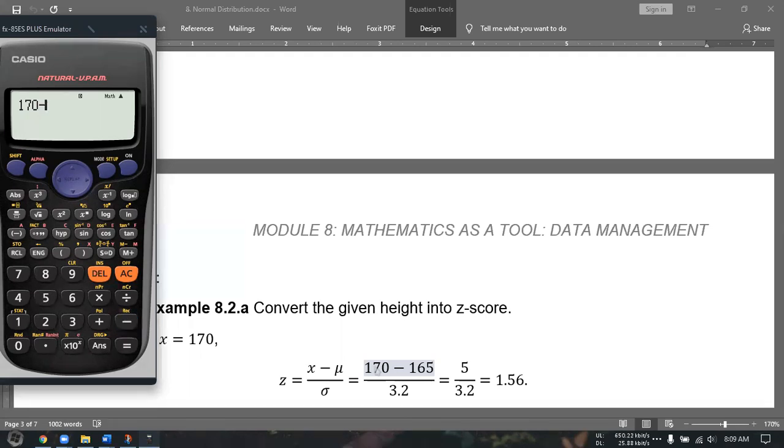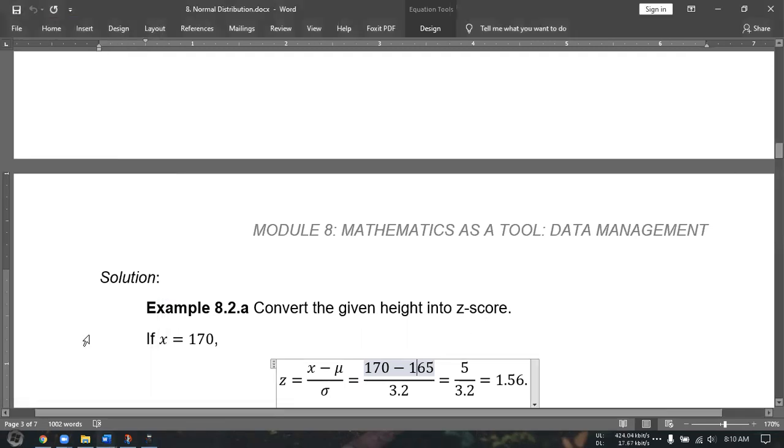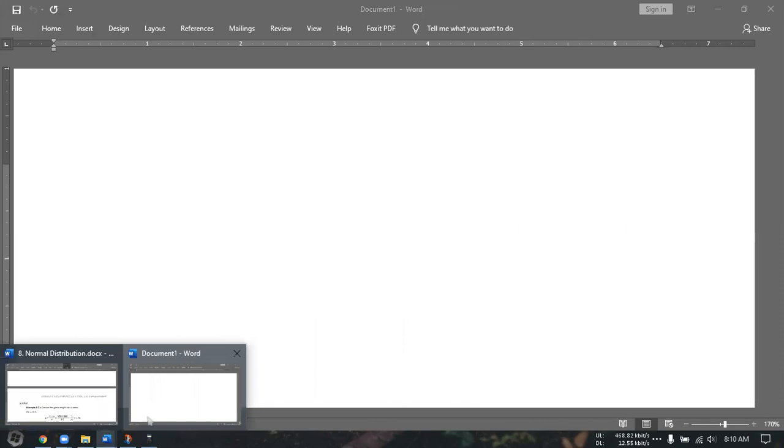So again, be very specific about the position of x and the mean. 170 minus 165 is 5, divided by our standard deviation, gives 1.56, rounded off to the nearest two decimal places.